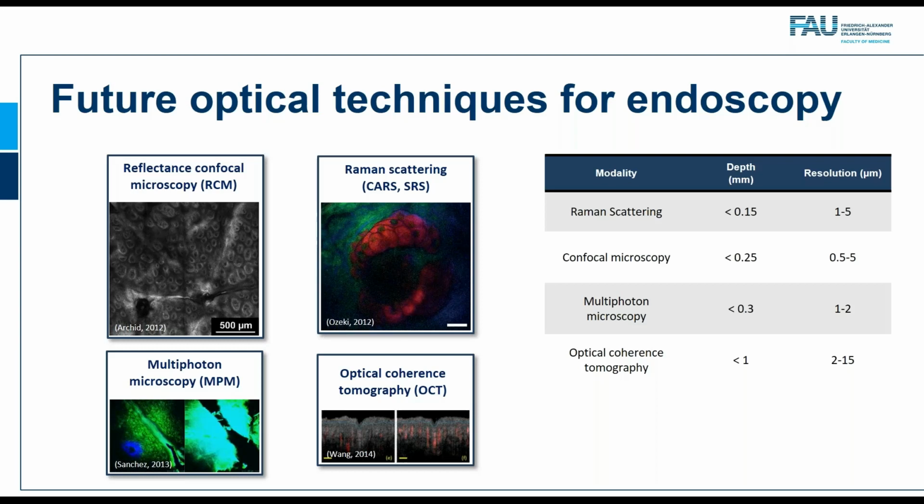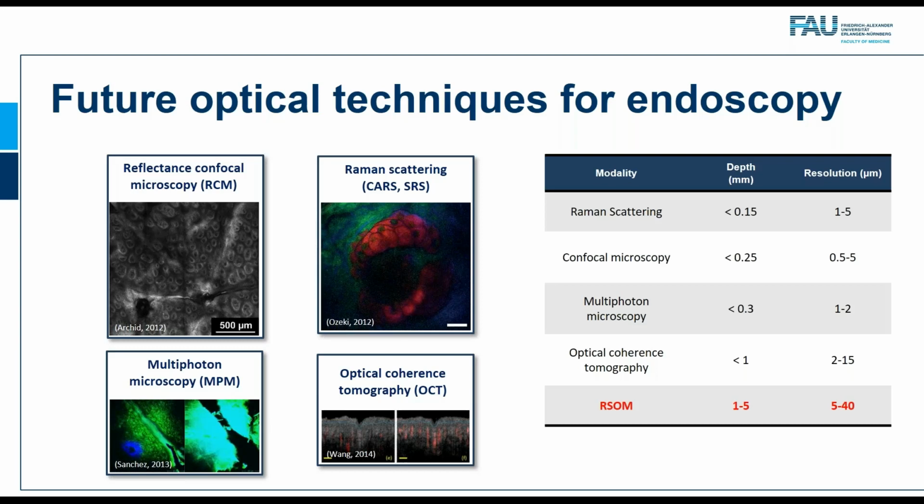Most of them have quite good resolution, but are limited by a limited penetration depth: in multiphoton microscopy something like 200 to 300 microns, in optical coherence tomography up to or below 1 millimeter. This is definitely something that limits these imaging techniques a lot when we think about Crohn's disease as a transmural inflammation, and therefore it might be interesting to have other techniques too.